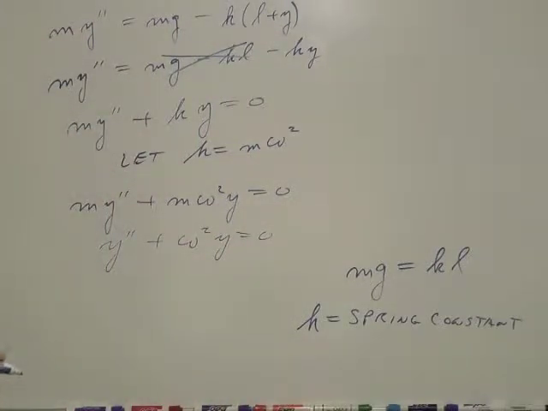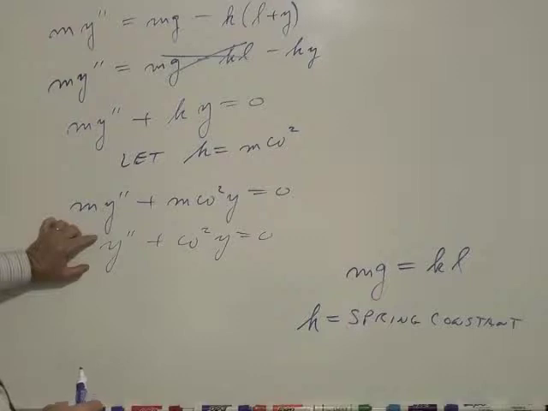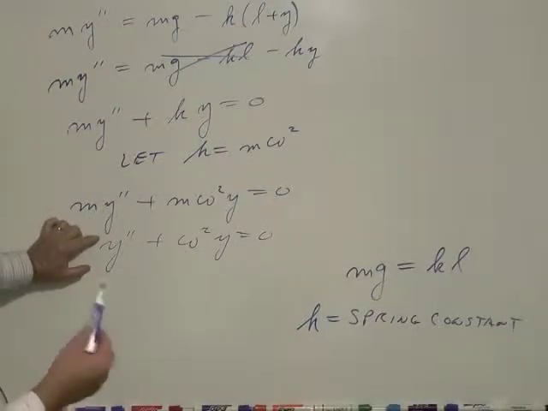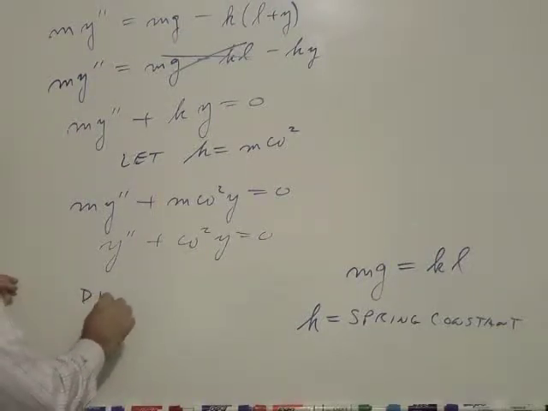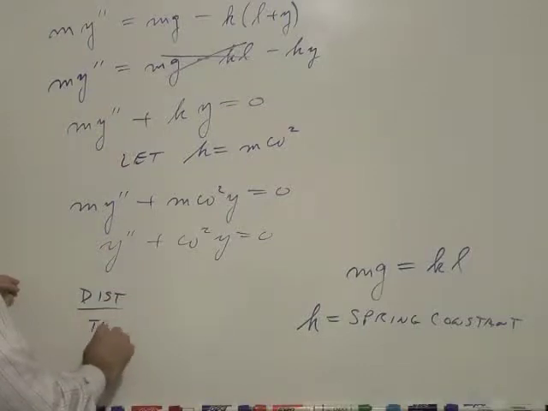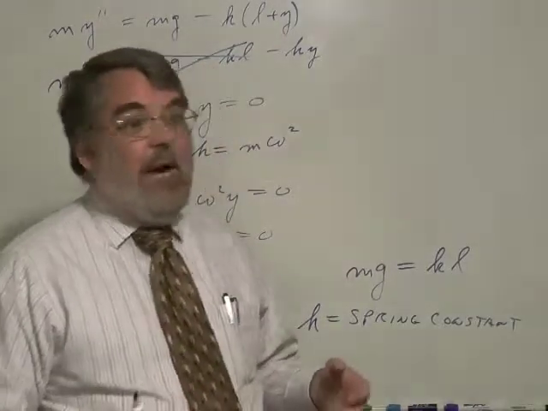And what are the units of omega? Well, in this equation, y double prime is an acceleration unit. And so acceleration is always distance per time squared. For example, feet per second squared or meters per hour squared.